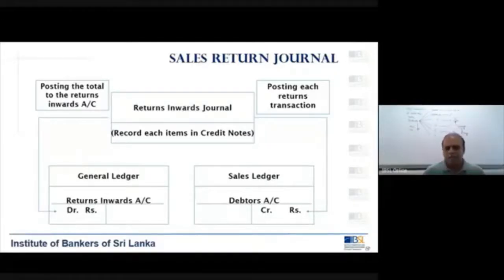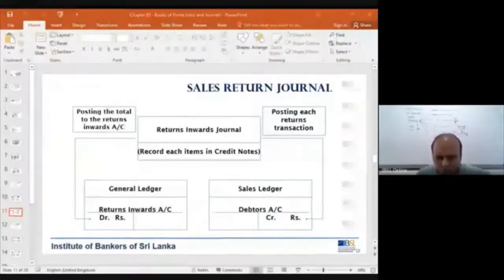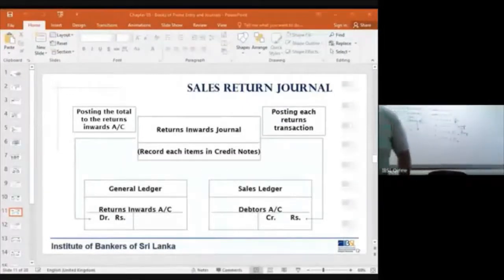A sales return recorded. Now let me explain this by way of the board for you to easily understand.